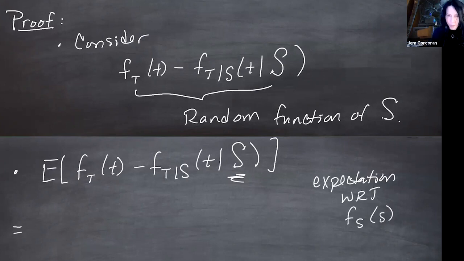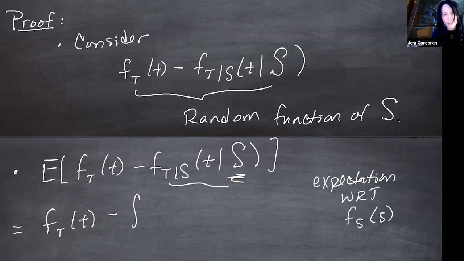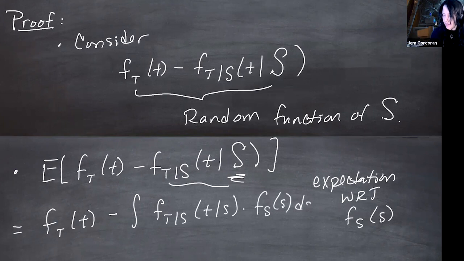So when I take this expectation, the first part just sits there because it's constant with respect to S. And then the second part is going to be the integral of this function. So this is now like a g of S, and you make it lowercase and put it in front of the PDF for S. So this is the conditional PDF of t given little s times the PDF for little s.